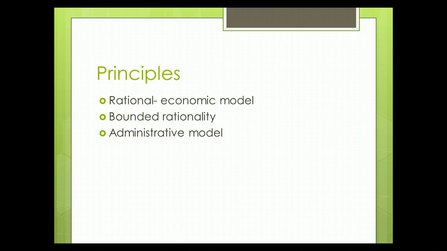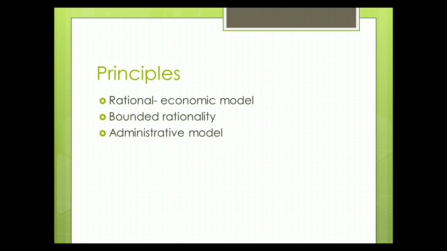We're going to take some shortcuts and deal with the most likely rules of thumb and just take manageable pieces of information and come up with a satisfactory solution. May not be the optimal solution, but it'll be satisfactory. So those are some of the principles that you'll read about regarding decision making in Chapter 3.